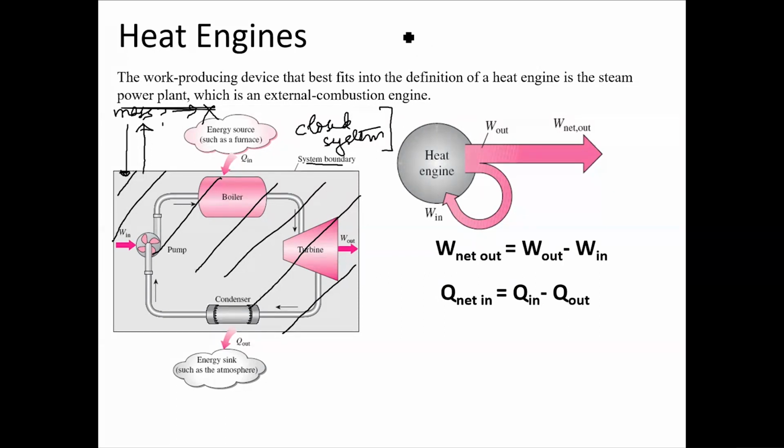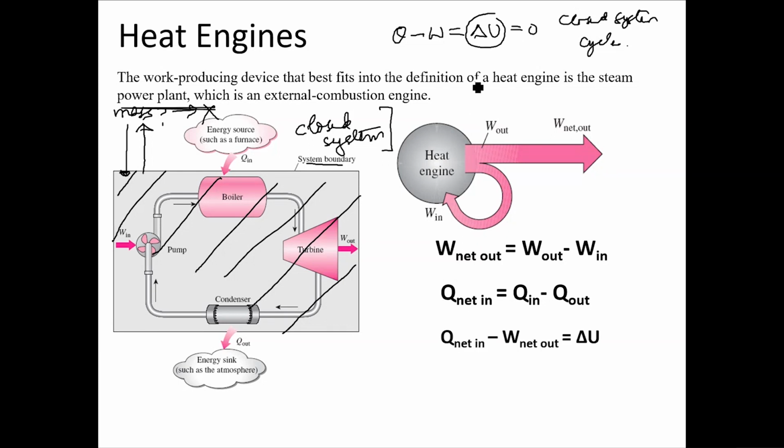For a closed system, the energy balance equation is Q minus W equals delta U, where Q is Q net into the system, and W is work net out of the system. How does the equation change if a closed system is undergoing a cycle? Delta U is dependent upon state, so delta U would be equal to 0.